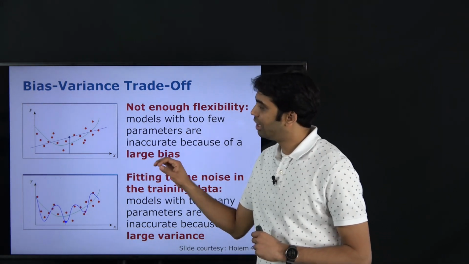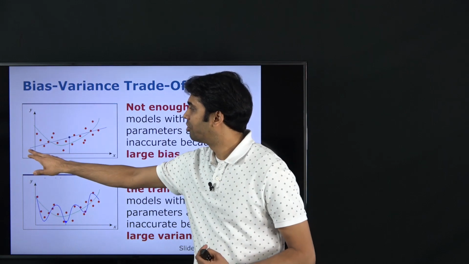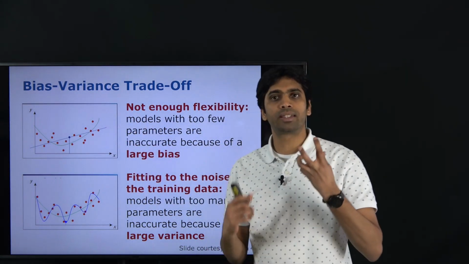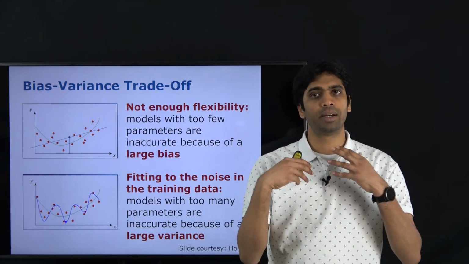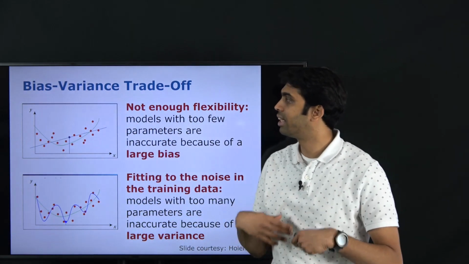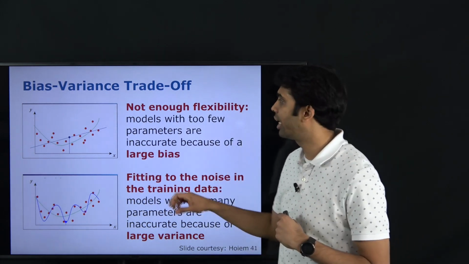So if you look at this data, it looks like, at least at first instance, that this blue line is not sufficiently complex to actually explain the data. The data actually looks like something derived from a parabola or something more complex than a straight line.